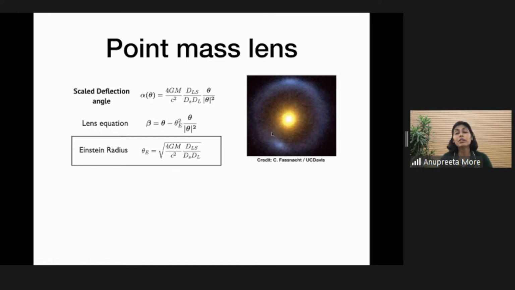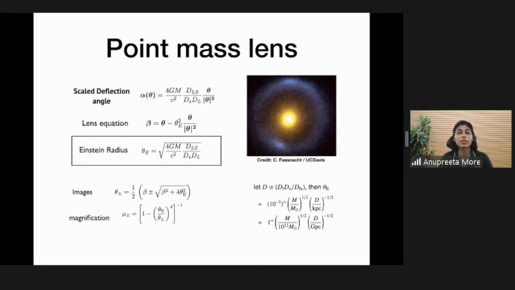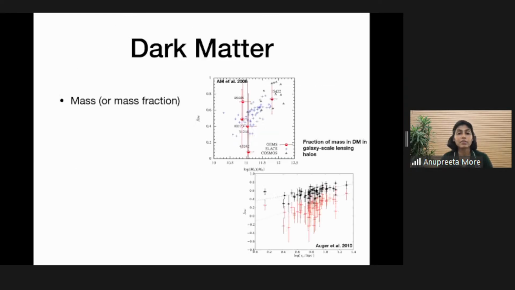Whatever is the remaining matter is the dark matter. So this total aperture gives us the total matter, and the mass that is in the light component is given by the stellar mass. If you just subtract the two masses, you can get an idea of how much dark matter there is in these systems.